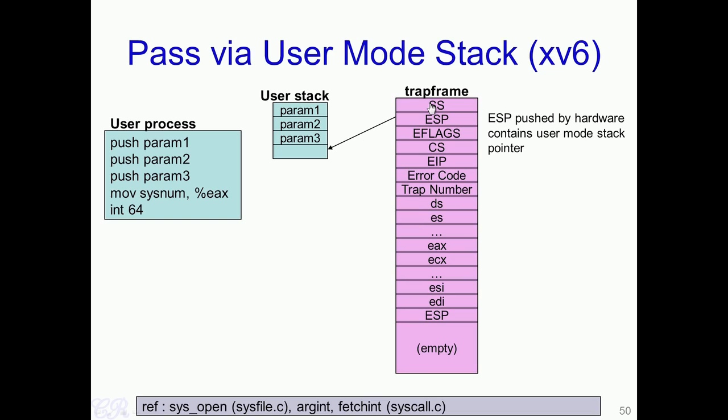These are the stack segment and the stack pointer, and these registers correspond to the user space stack. As we know, before the INT 64 was executed, the last known stack pointer was pointing to this particular location, and therefore the contents of ESP will also point to this location in the user space stack. In this way, the kernel will then use the SS and the ESP from the trap frame to determine the various parameters for the system call.